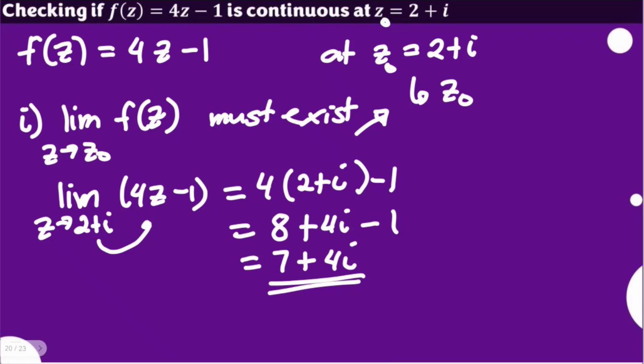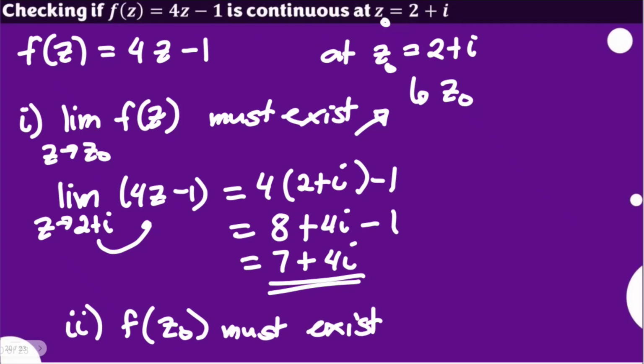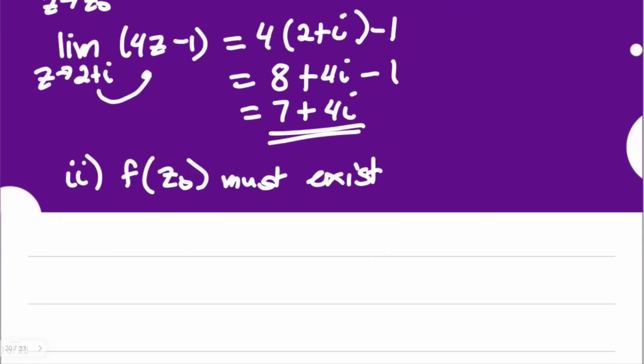The second condition that should be met is f of z sub 0. Take note, it's not all the time that the limit of f of z as z approaches z sub 0 and f of z sub 0 are the same. But basically, we have the same process as we verify if this also exists. Our function earlier was 4z minus 1, and our z sub 0 is again 2 plus i.